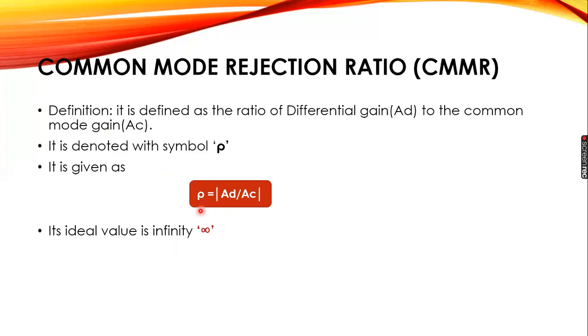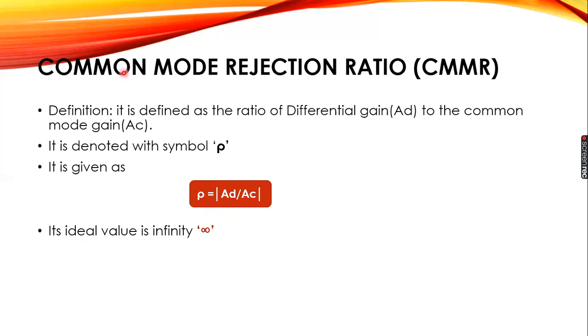So generally, we say that differential gain should be infinite. Ideally, it is infinite value, whereas AC is 0. So irrespective of numerator, if the denominator of this equation is 0, then the value of this CMRR will be infinity. Hence, ideally, the CMRR should be equal to infinity.